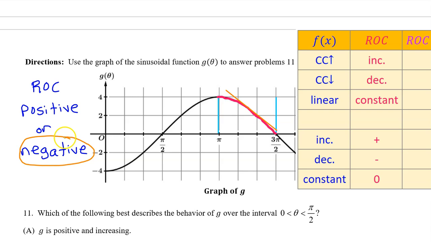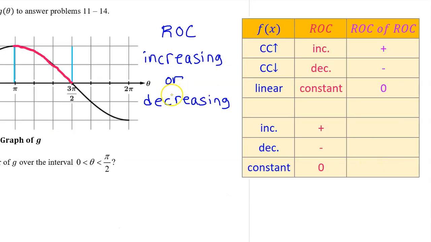That's one way to think about it. Or you can go by the chart, which you have hopefully memorized. The rate of change will be positive if g is increasing, and negative if g is decreasing. G is clearly decreasing on this interval, so the rate of change is negative. Next, we must decide if the rate of change is increasing or decreasing on this interval.